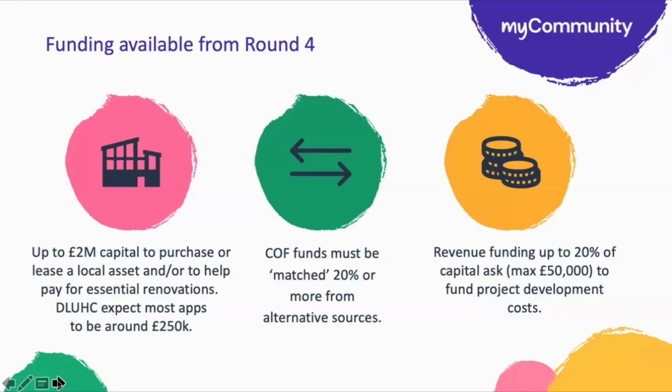The number of bidding windows increased, although today in the release of the prospectus for round 4, the government has stated that this will be the last round, but not necessarily the last window. So we do anticipate there being a second window in round 4 later this year, but in terms of the timing, that's very much dependent on the timing of the general election. So there are kind of no guarantees.